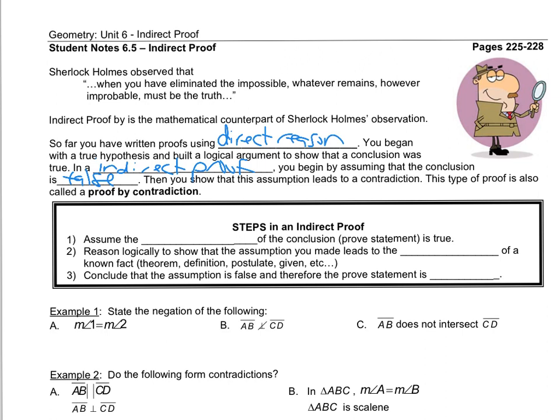So there are 3 steps in an indirect proof. The first step is to assume the negation of the conclusion, which is your proof statement, is true. Remember, negation, all you need to do is add or take away a not.